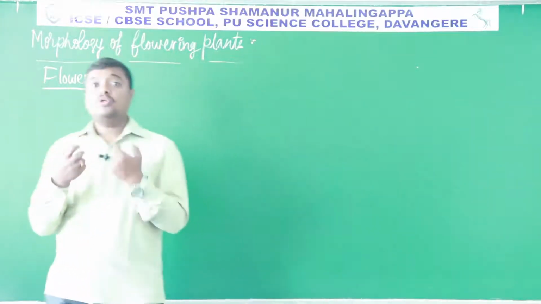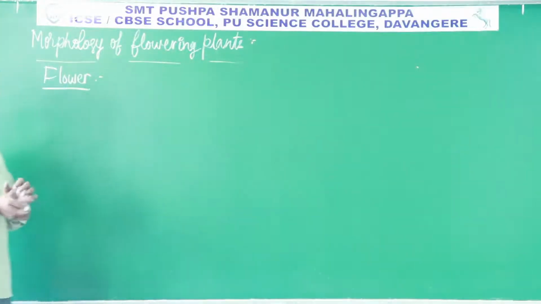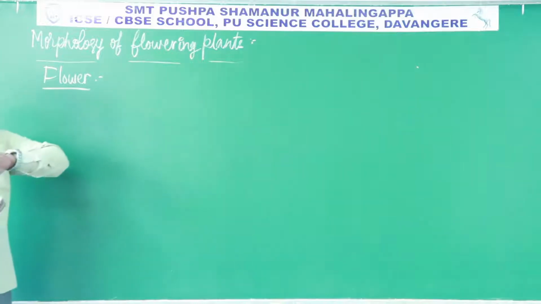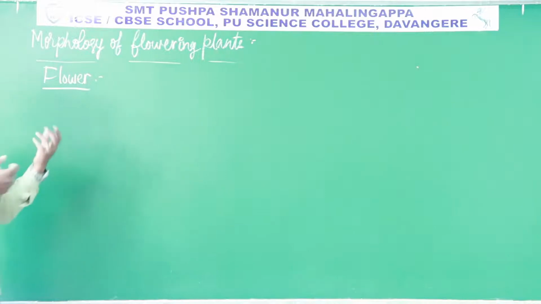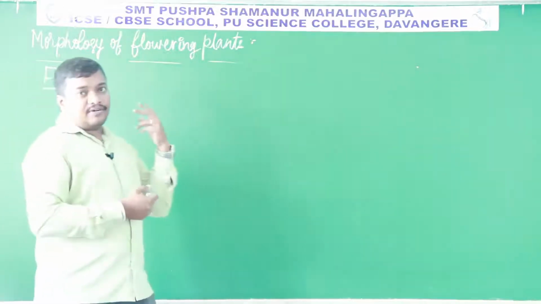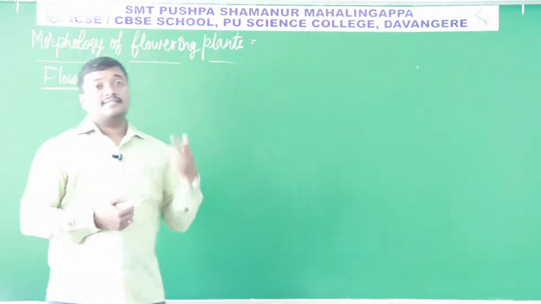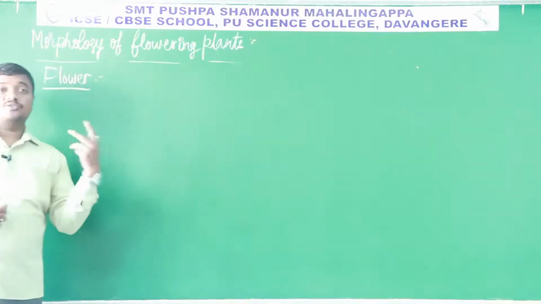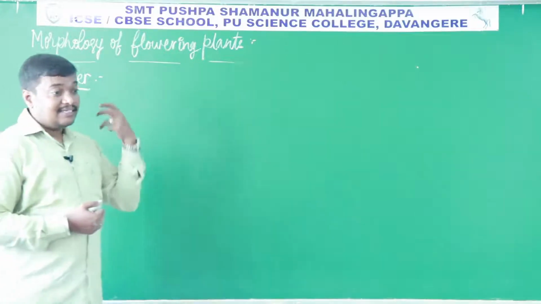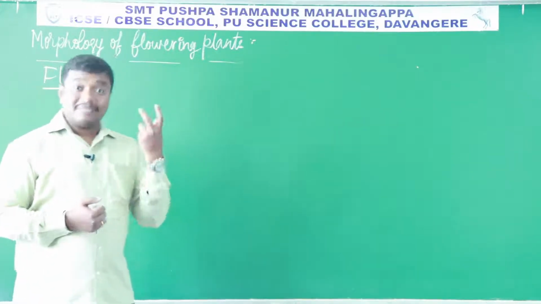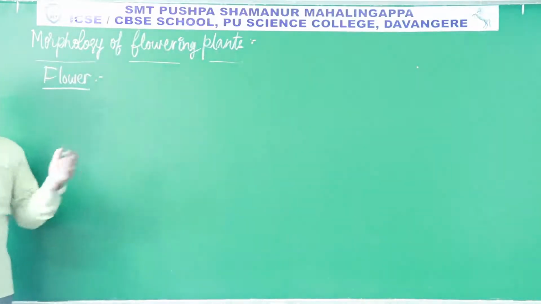Only angiosperms produce the flower. In the course of evolution, starting from algae to angiosperms, algae do not produce the flower, bryophytes do not produce the flowers, pteridophytes do not produce the flowers, gymnosperms do not produce the flowers, but angiosperms produce the flower.